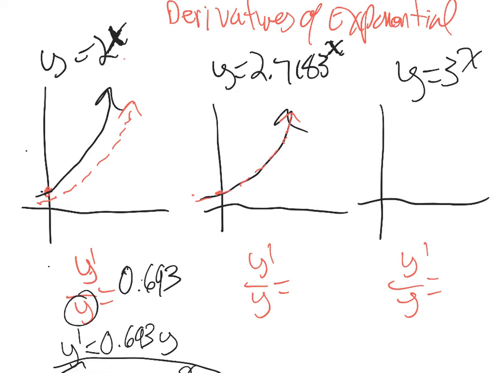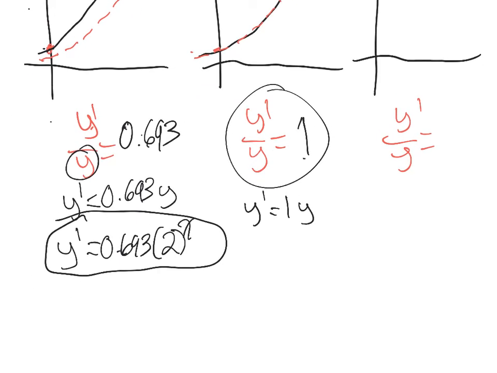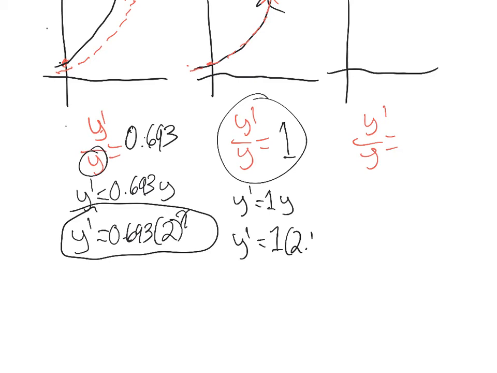So we know that that equals 1. So if I look at that, y prime over y equals 1. Y prime equals 1 multiplied by y, or y prime equals 1 times 2.7183 to the x.